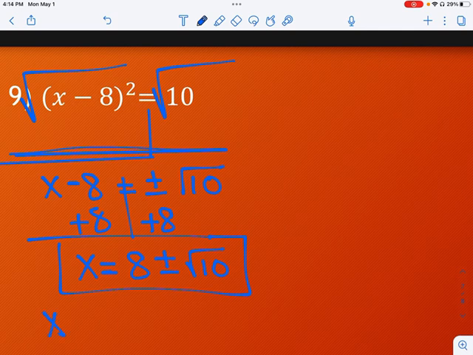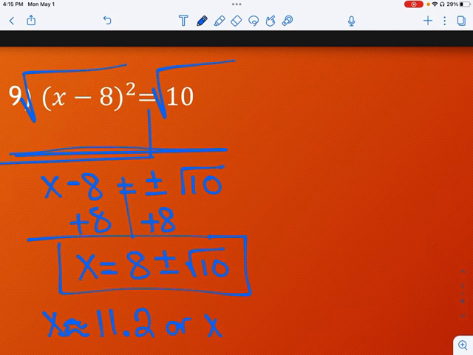Then I'm going to take my calculator and get two decimal answers. The first one I'm going to do is 8 plus the square root of 10. And that's going to get us 11.2. When I round, it comes out 11.16. The 6 is going to round.